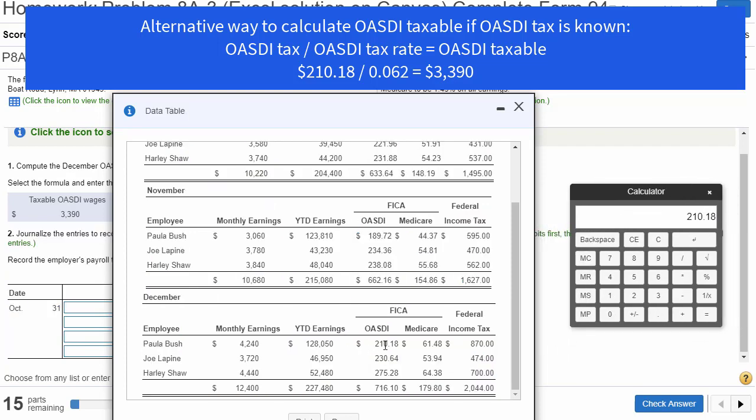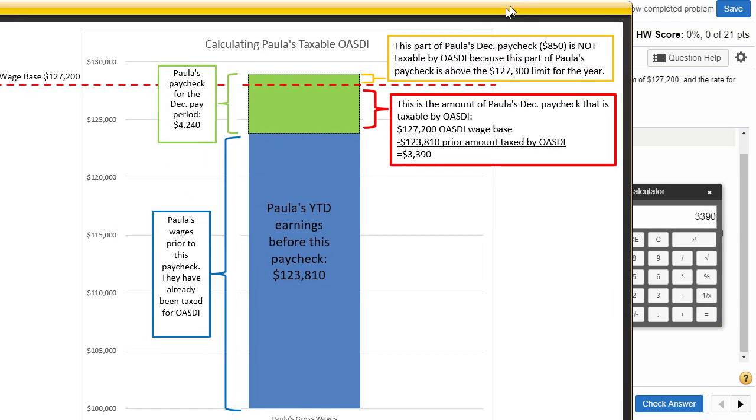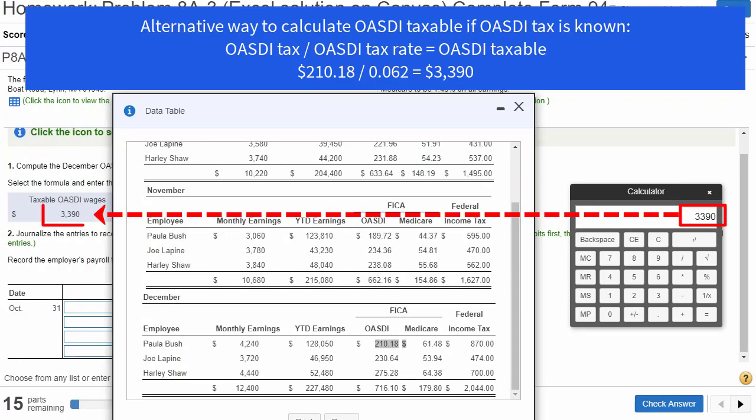So I'm going to take $210.18 divided by the 6.2%, which is 0.062, should give us this 3390. And there you go. Now, due to rounding, it might not be exact. So the more accurate way to do this is with the graph method. But either way should get you close.